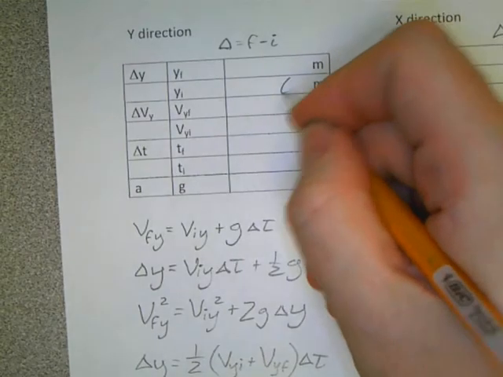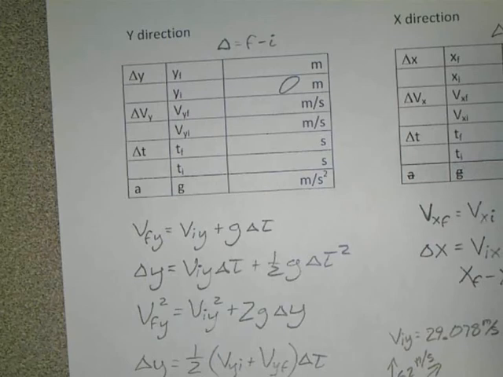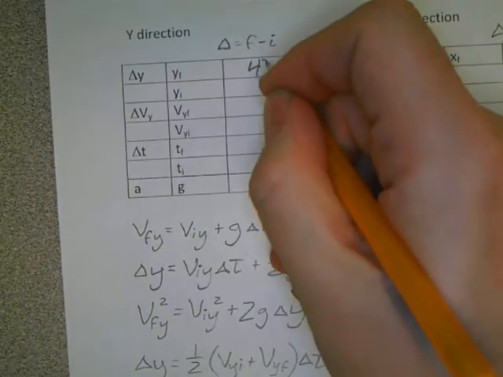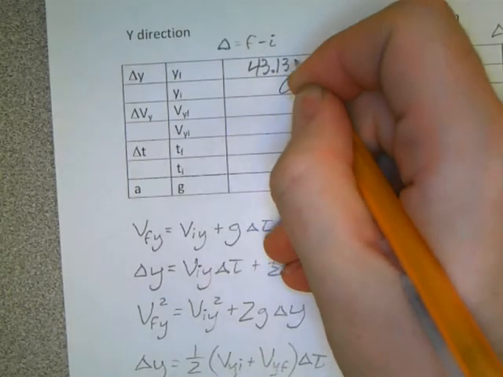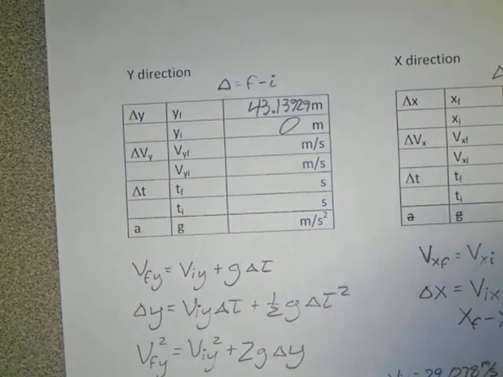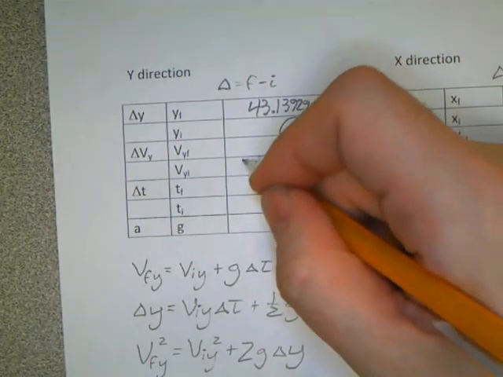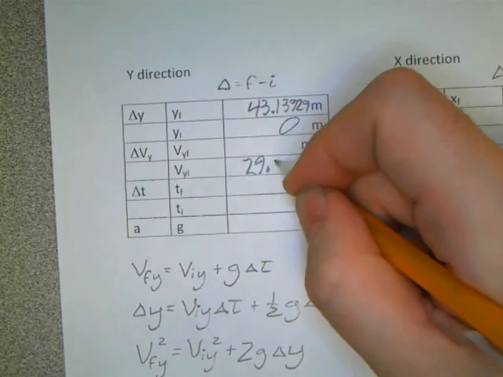where I found that the height that it reached was 43.13929. That was the answer to the previous problem. The initial velocity upwards was 29.078.